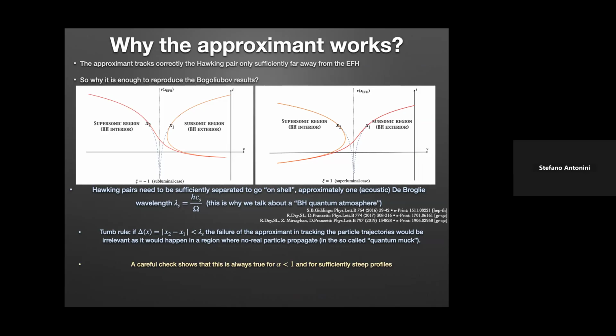They go on shell when they are separated by the de Broglie wavelength, if you like, and this holds for omega Killing much less than lambda, otherwise it is not true. So at low energy this happens sufficiently far away from the horizon that it is already a very good approximation, which is also said in many papers by Schützhold and Unruh in a different language.